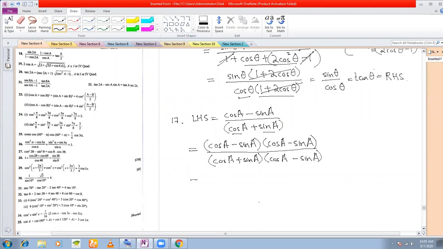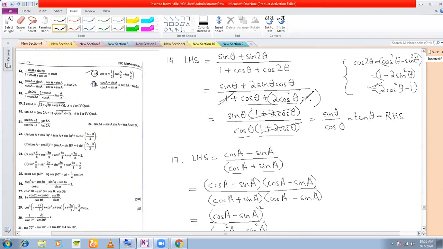Why did I multiply? So that I get cos square A minus sin square A in the denominator. So I have cos A minus sin A whole square in the numerator, and in the denominator, this is the a plus b into a minus b form, so this will give me cos square A minus sine square A. And you know the formula for cos square A minus sine square A?